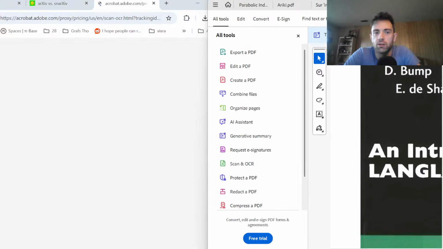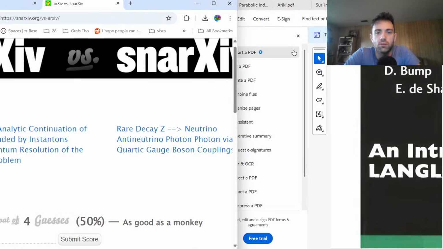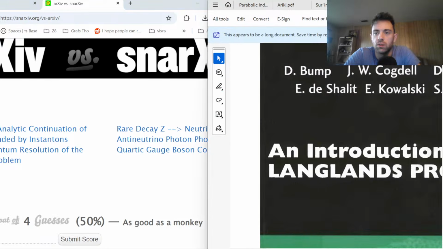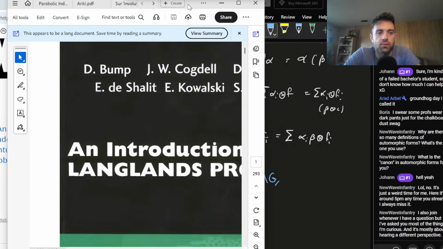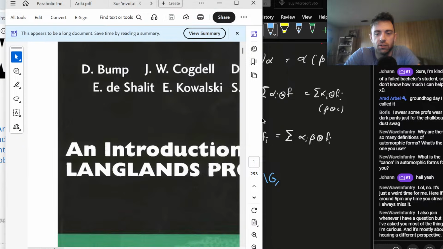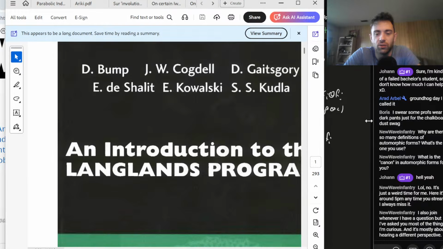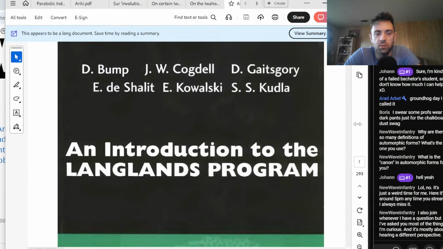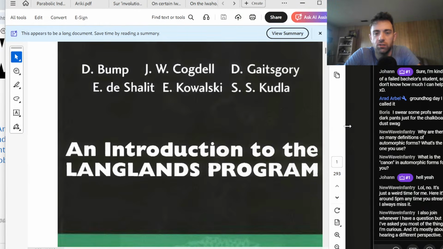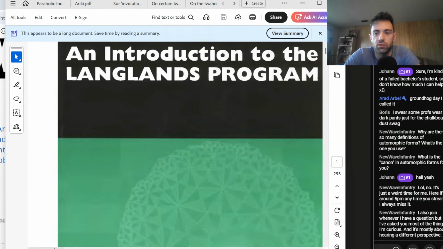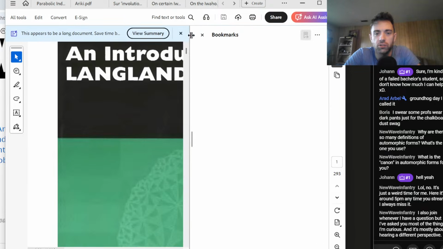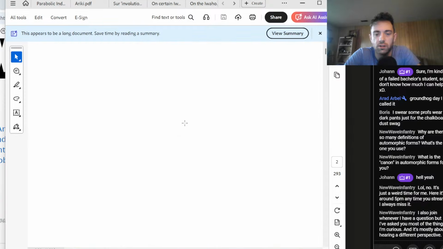This is Bump et al. Whoa. Yeah, we're really taking our time with Milne these days. Maybe if I downloaded the PDF, it would make skinnier margins. No, I don't think so. Let's see. We got bookmarks here. No, we don't got bookmarks.